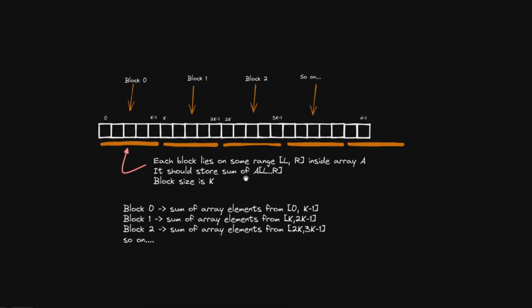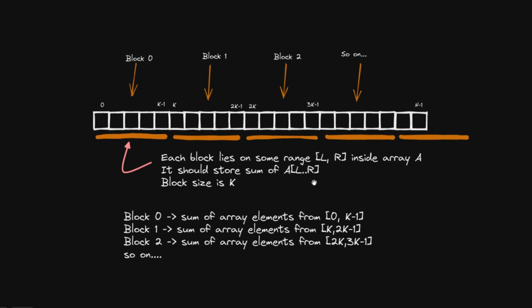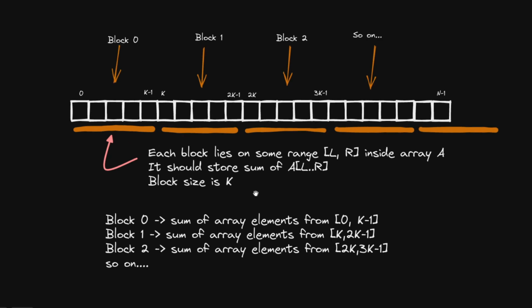But now let's try to find out how this decomposition will change the time complexity. So assume this k is not fixed yet, so we are assuming it as a variable, and we'll find out for what value of k the time complexity is minimized. So that is our main aim.